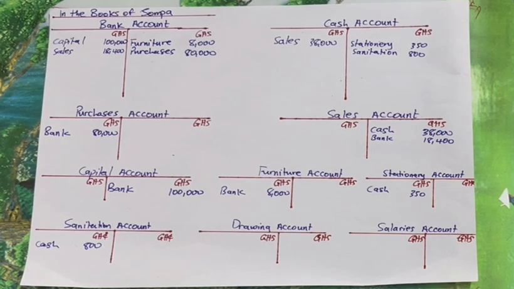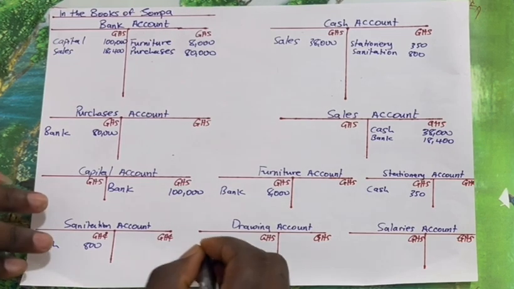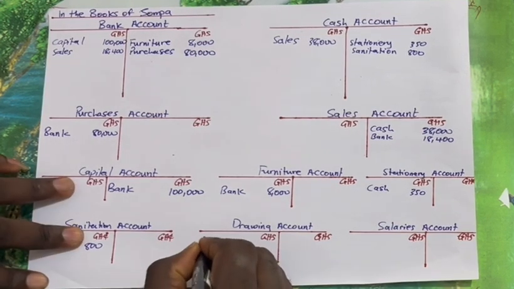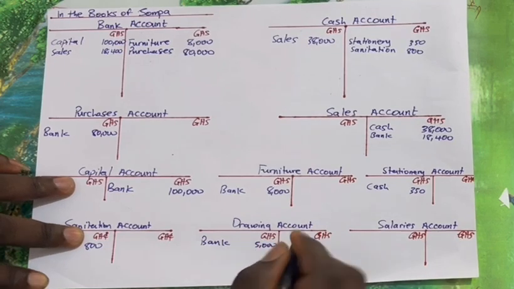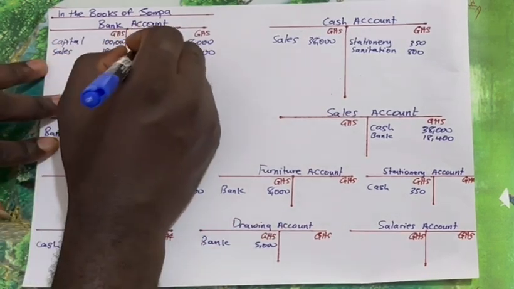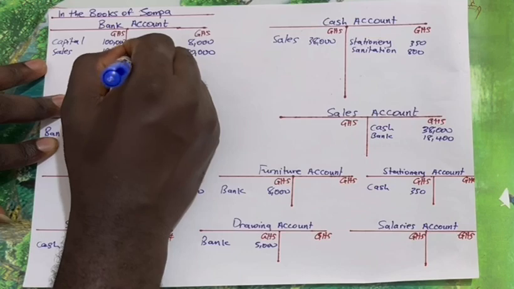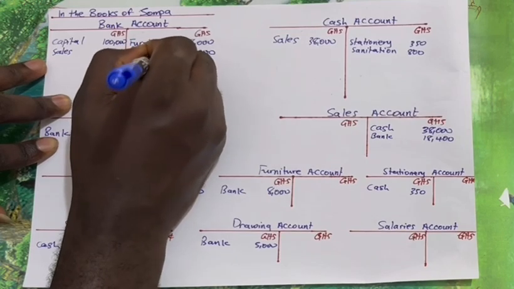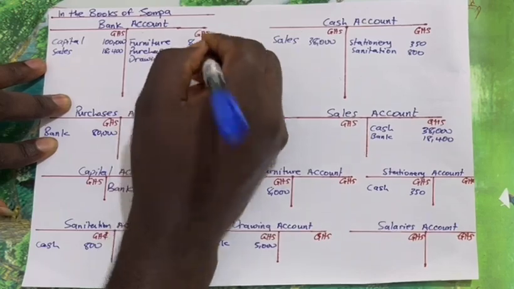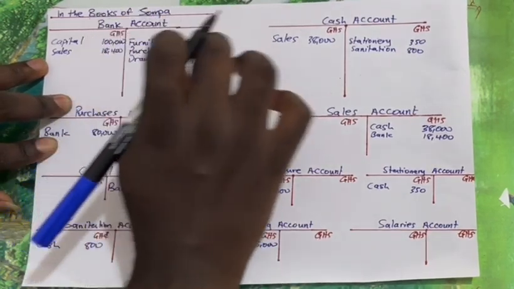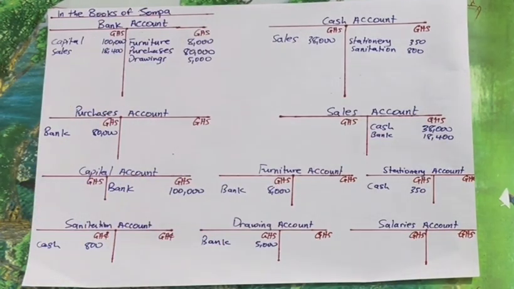It's 5,000. So we'll debit drawings here in the name of bank account 5,000, and then credit our bank in the name of drawings, 5,000. Do we get it? The moment we record here, we are supposed to record in the corresponding account. See how the debit and credit works?